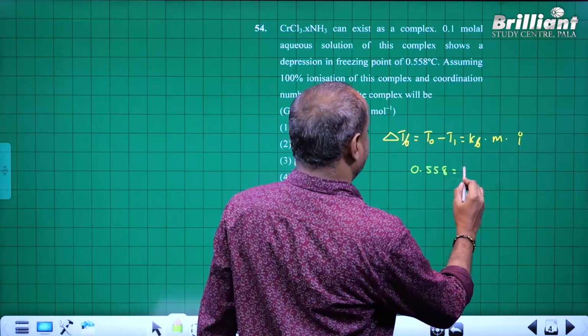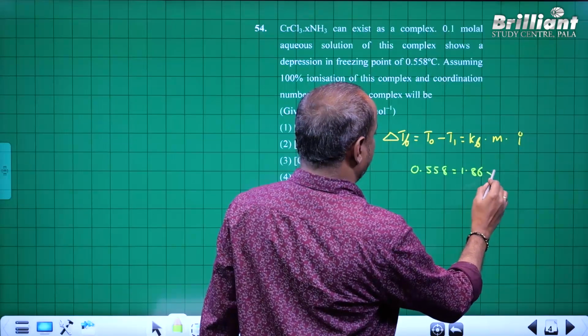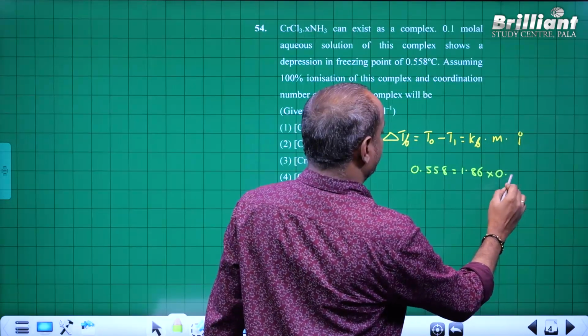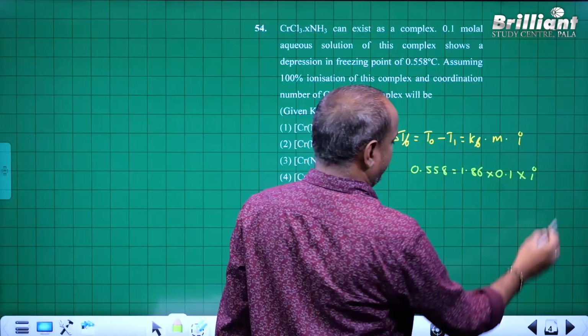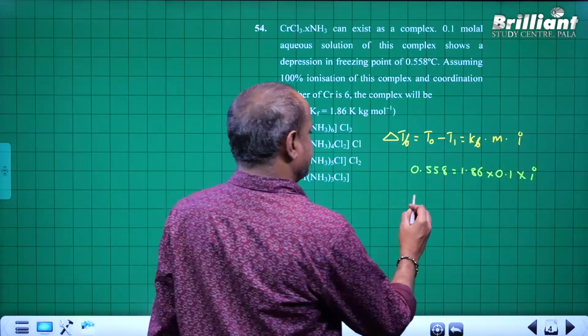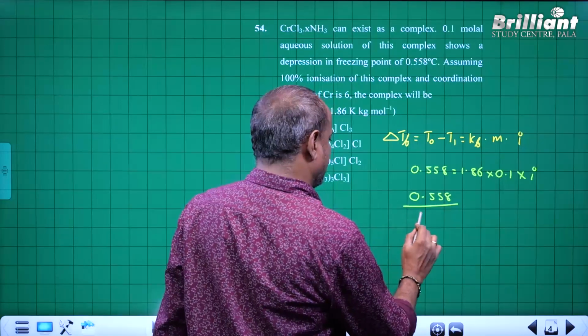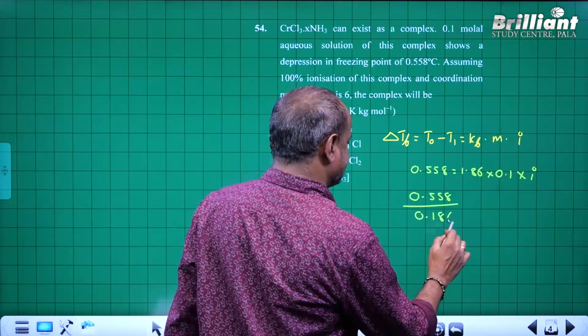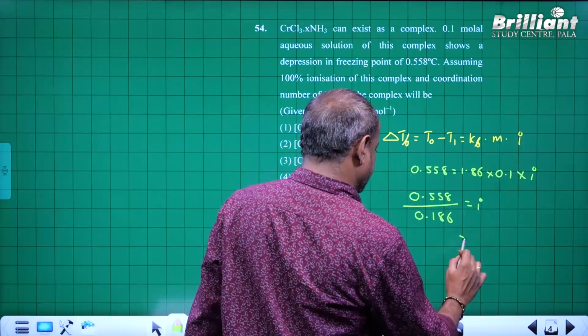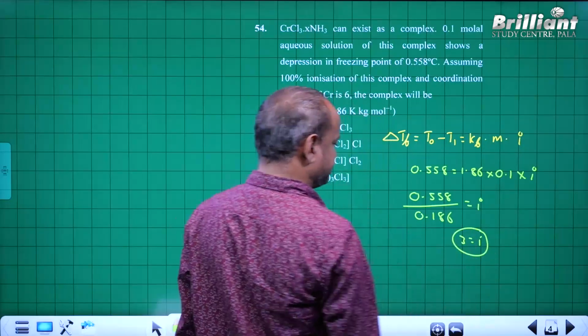Kf is 1.86, molality 0.1, into i. So 0.558 by 0.186 is equal to i. So i is equal to 3.